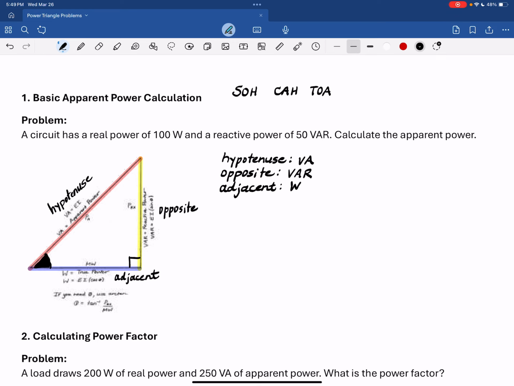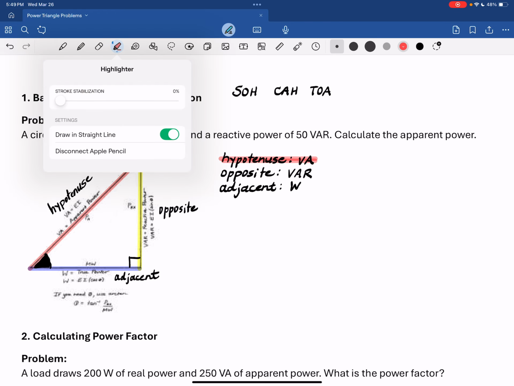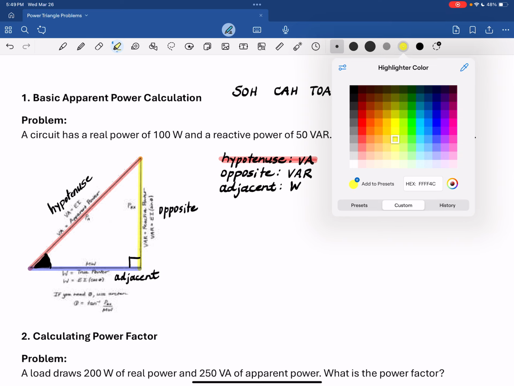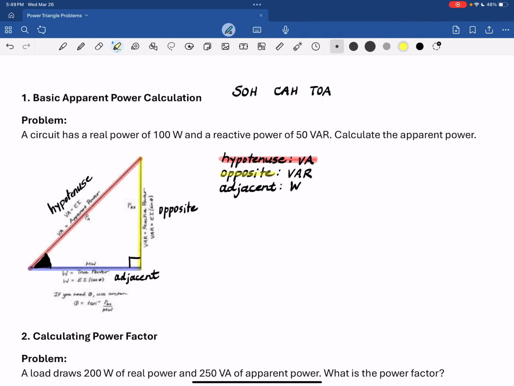All right, some of them we will not need to use one of the trig ratios, but just in case, I'm going to do one more thing before I copy. Hypotenuse is the red one here. Opposite for this particular triangle is shown in yellow. These are just my notes. This is not a standard by any means.